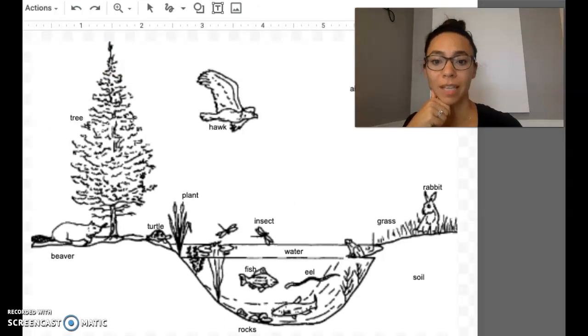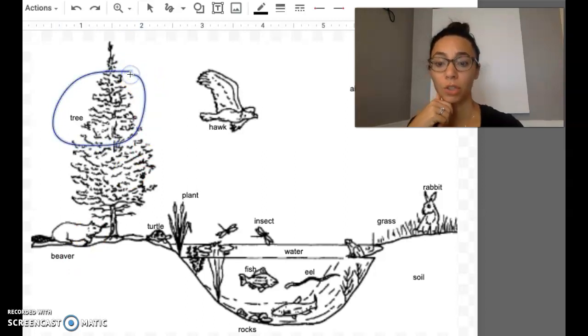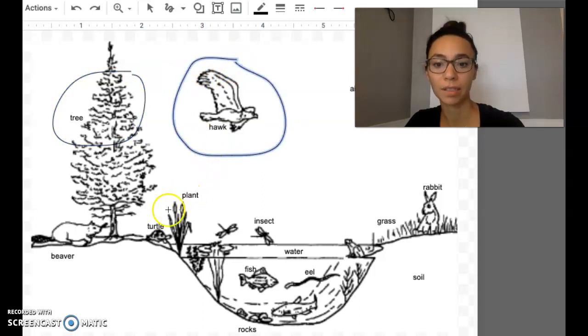All right, now let's take a look at what you did. So biotic things in this ecosystem, all of the living things that you should have circled in green should be things like the tree. I know this isn't green, sorry. The tree is living. The hawk is living.